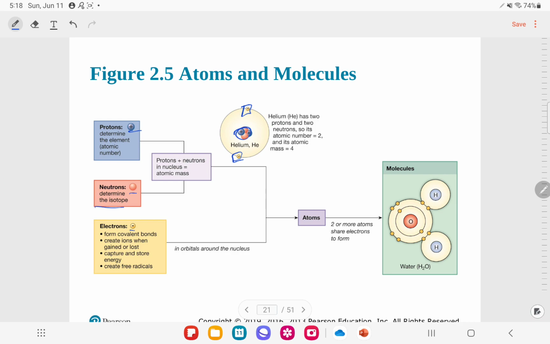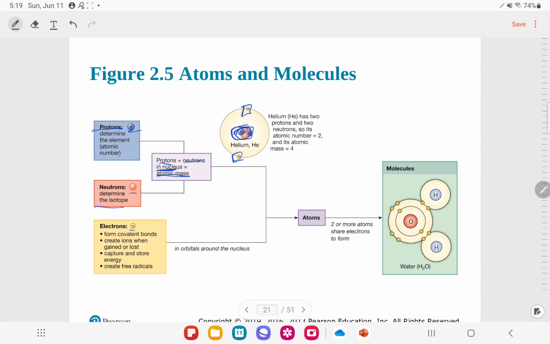And so atoms are made up of these protons, electrons and neutrons. And even though the proton is the atomic number, protons plus neutrons are going to be in the nucleus in the center of this atom. They account for the atomic mass, so the weight of this atom.